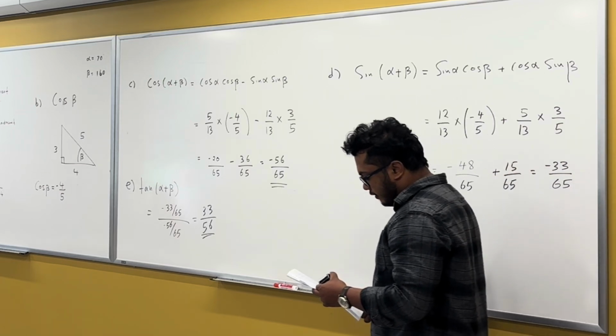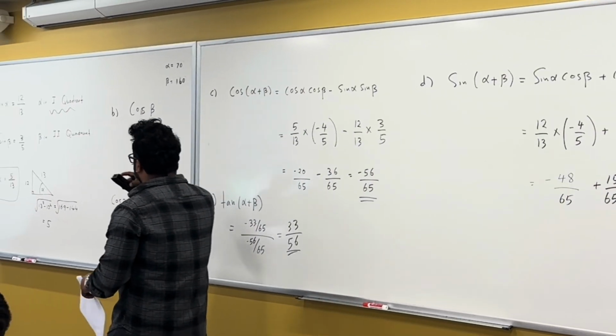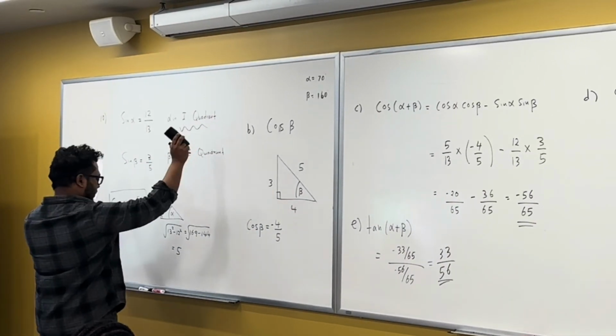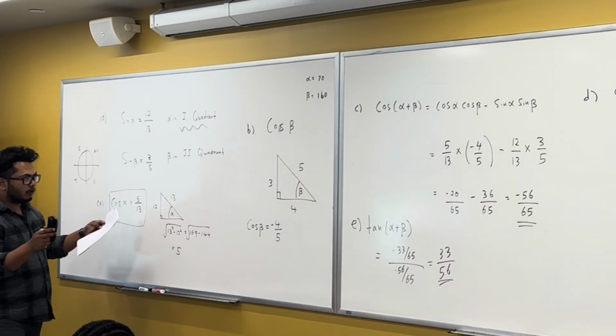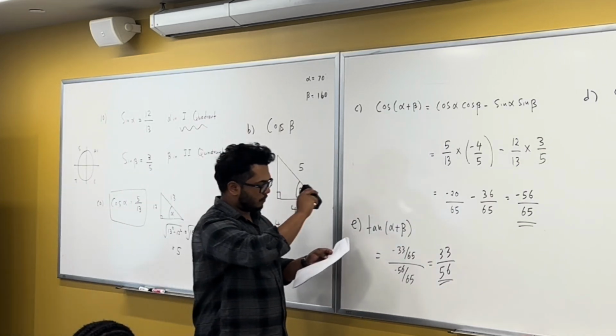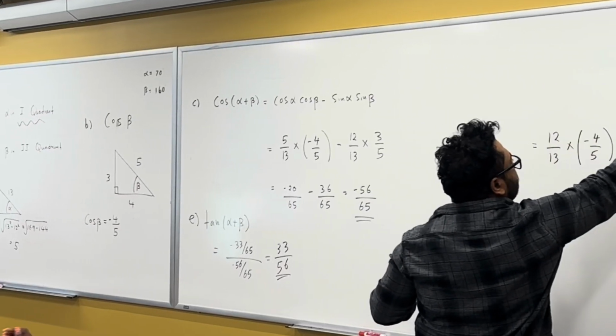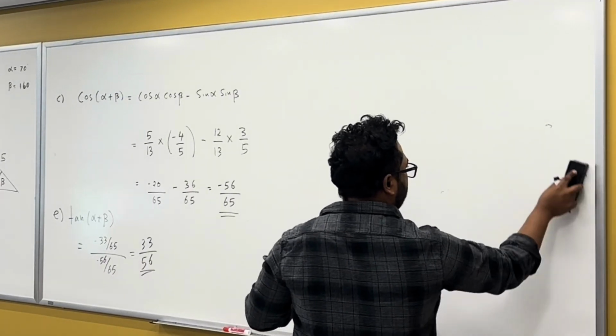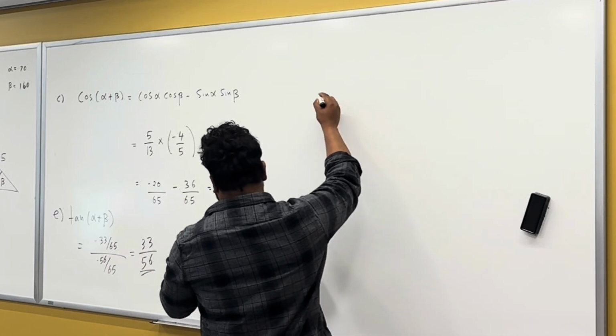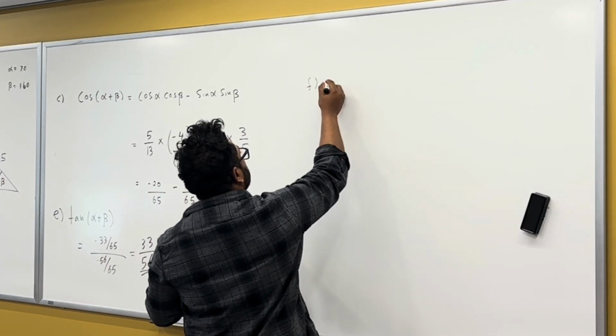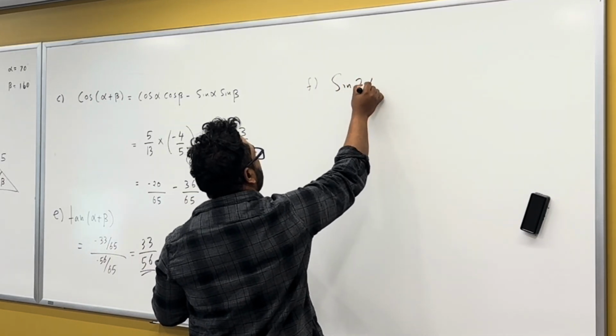And then the double angle formula. So that's our last part. Okay? Where should I erase? Okay. I'm going to erase this. Maybe here. Okay? Good. This is our part F, sine 2 alpha.